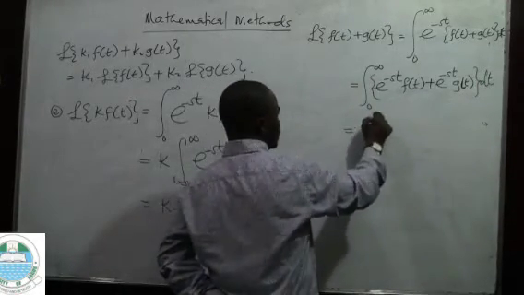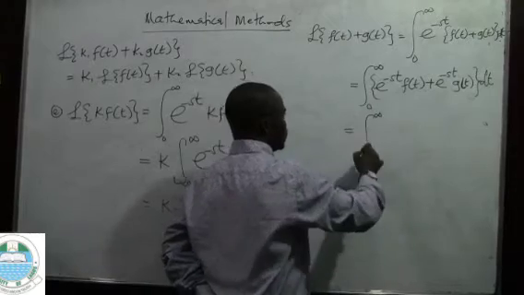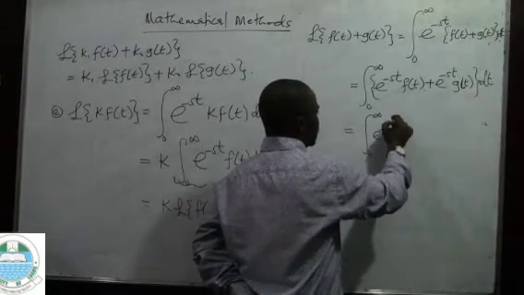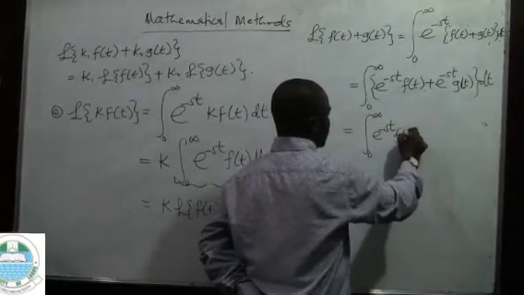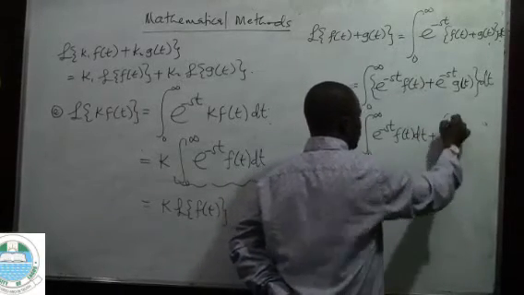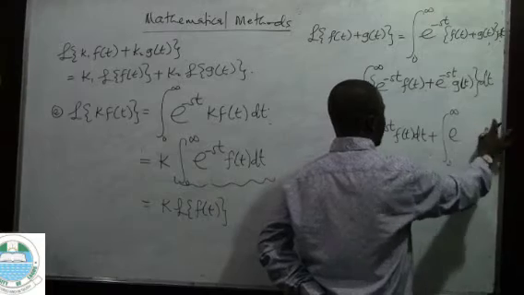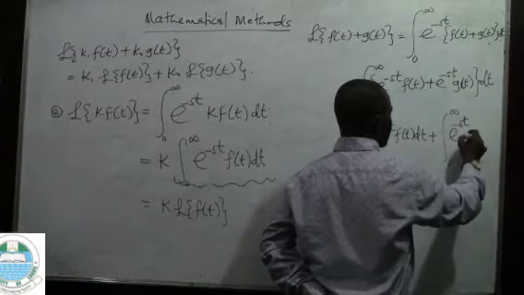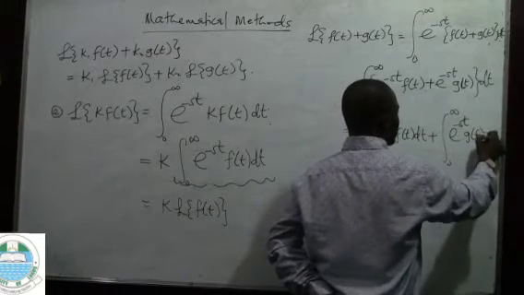We write it in this form: the integral from 0 to infinity of exponential minus st f of t dt, plus the integral from 0 to infinity of exponential minus st g of t dt.